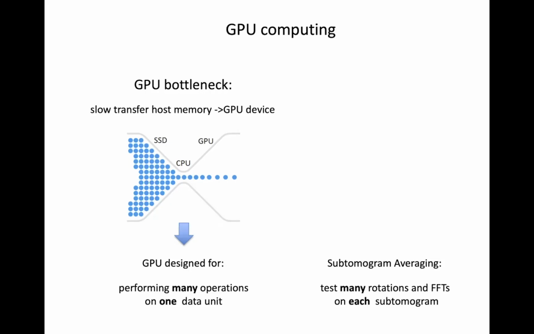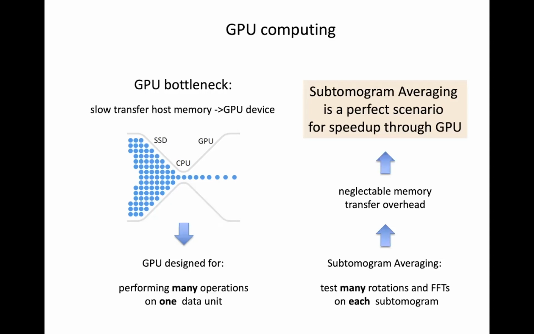In my experience, normally the FFTs are the thing that you have to time. At the end of the day, the FFT goes as n log n, with n the number of pixels. That's why subtomogram averaging is a perfect scenario for getting a nice speed up through GPUs.